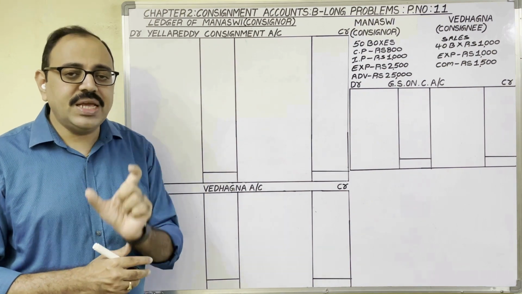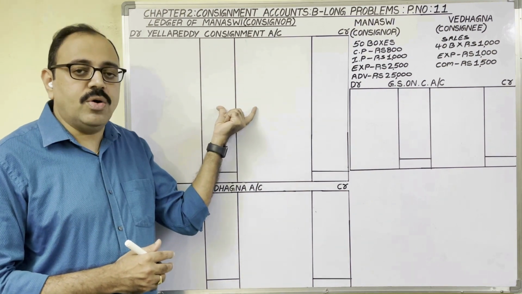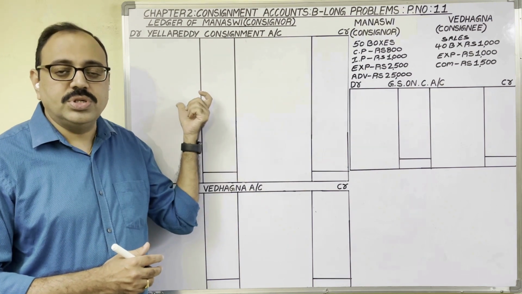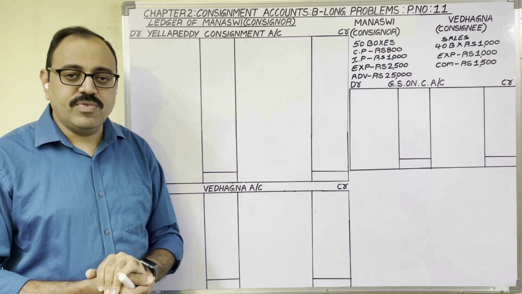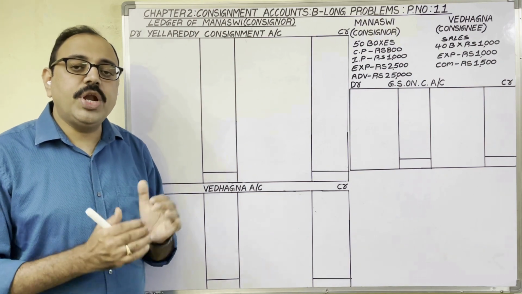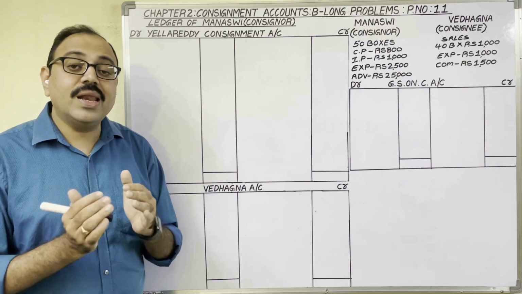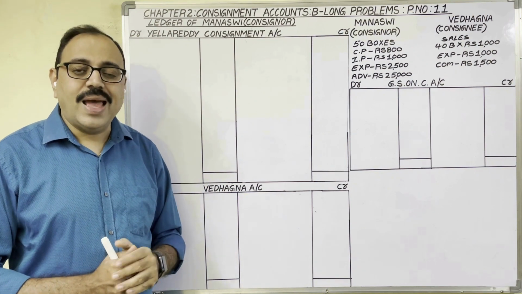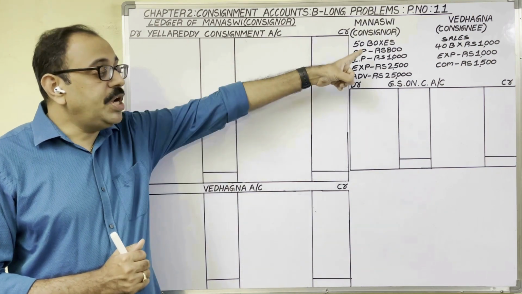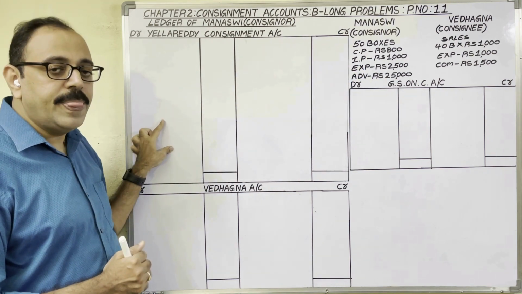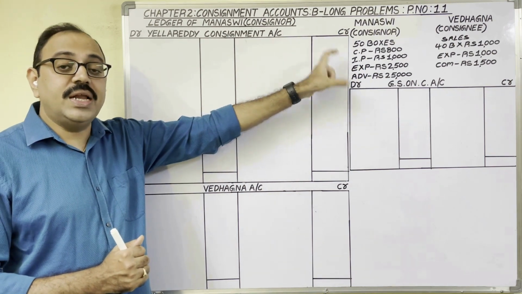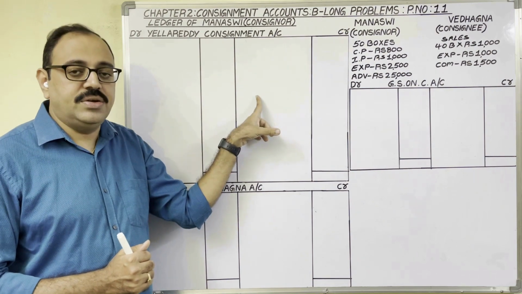As we are going to write expenses and incomes in this account, it is a nominal account. So while preparing this account, nominal account rules we should follow. What is the nominal account rule? Debit all expenses and losses, credit all incomes and gains. As per that rule, consignment business related expenses and losses we show on the debit side, and consignment business related incomes and gains on the credit side.